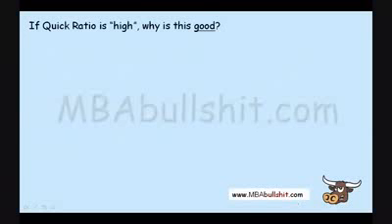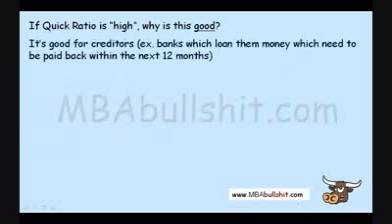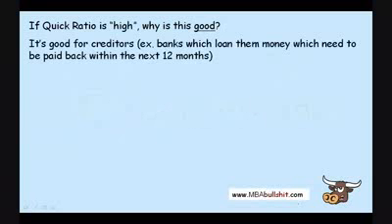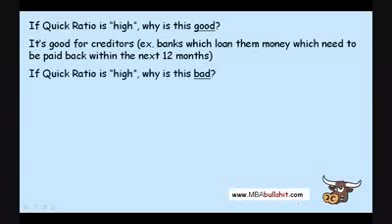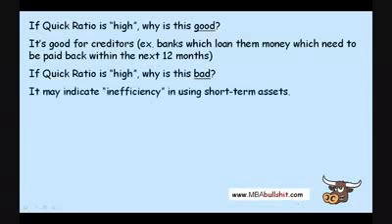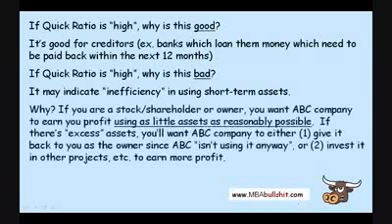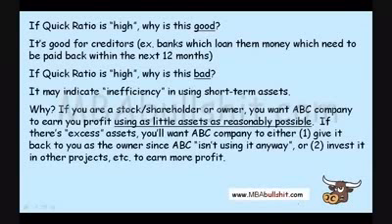So if the quick ratio is high, why is this good? It's good for creditors such as banks which loan money to the company, which need to get paid back within the next 12 months. And if the quick ratio is high, why is this bad? It might indicate inefficiency in using short-term assets. Why? If you are a stockholder or an owner, you want ABC Company to earn you profit using as few assets as reasonably possible.